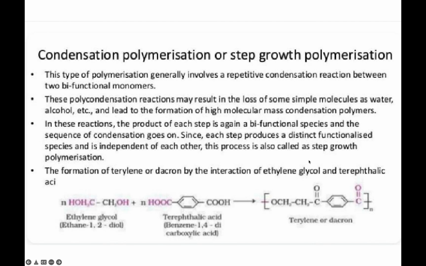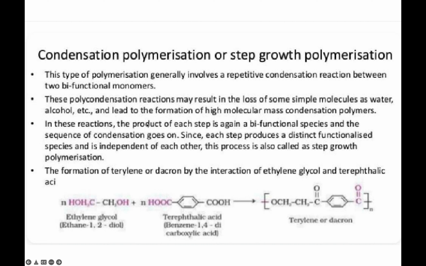Next, what is meant by condensation polymerization or step growth polymerization? Condensation polymerization is a repetitive condensation reaction between two bifunctional monomers. Normally this type of reaction results in loss of simple molecules like water, alcohol, etc., and as a result higher molecular mass condensation products or polymers are formed.